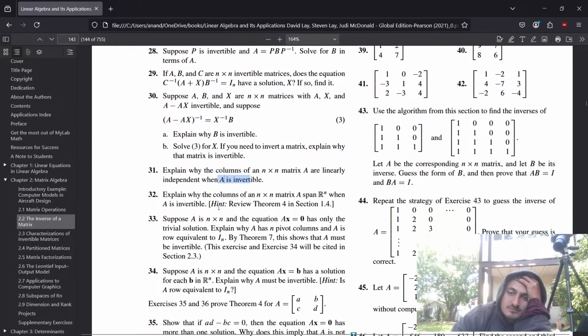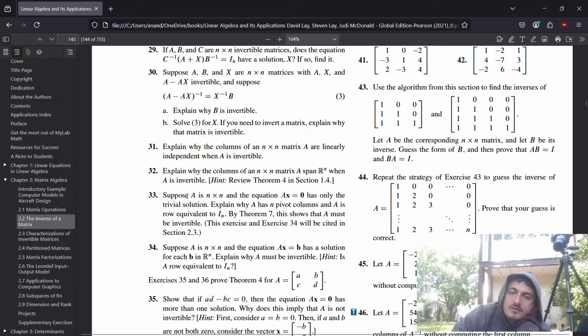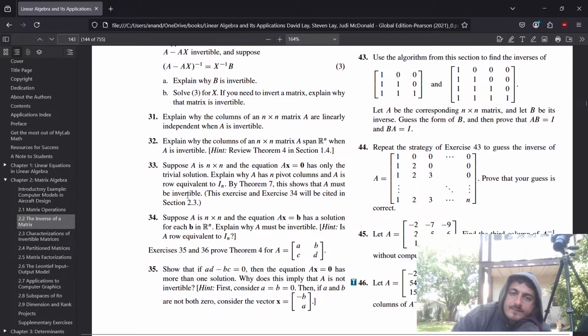So that's probably the simplest answer. Explain why the columns of an n by n matrix span Rn when A is invertible. I mean, if the columns are linearly independent, then they span the codomain. We could check that one, but I'm almost positive that's the answer.